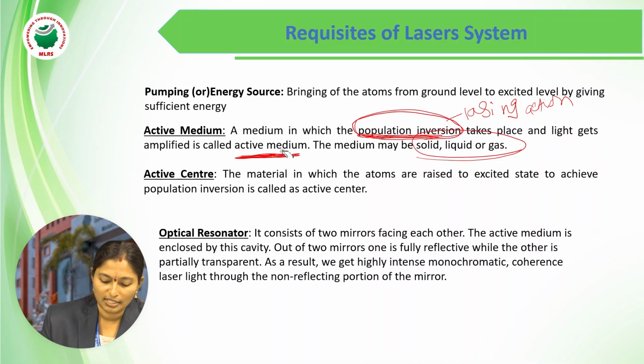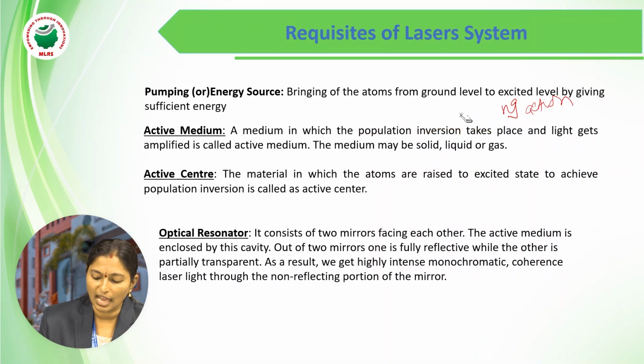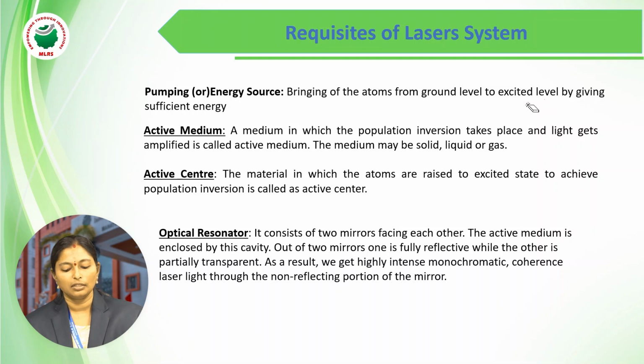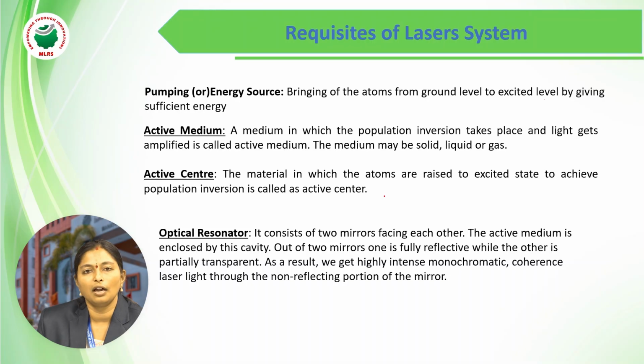Next one is active centers. What do active centers mean? In the active center, the atoms are raised to the excited state. If the atom is in the excited state, then only do we get the emission. That means the atom will come to the ground state by emission.